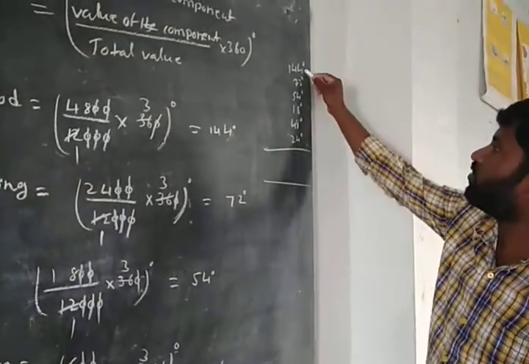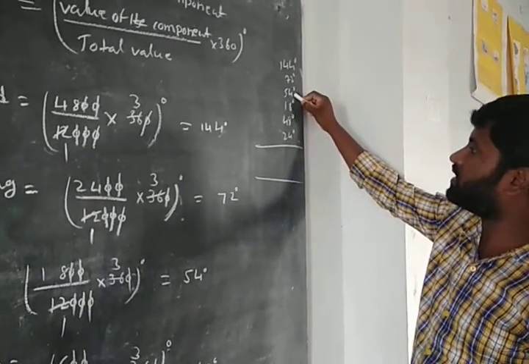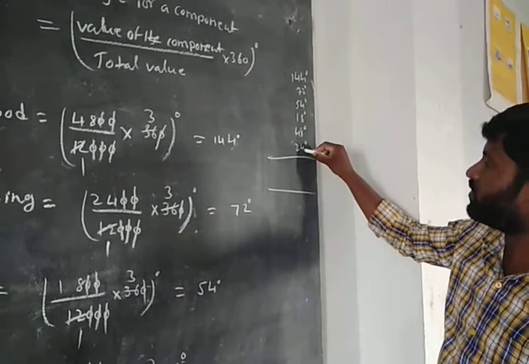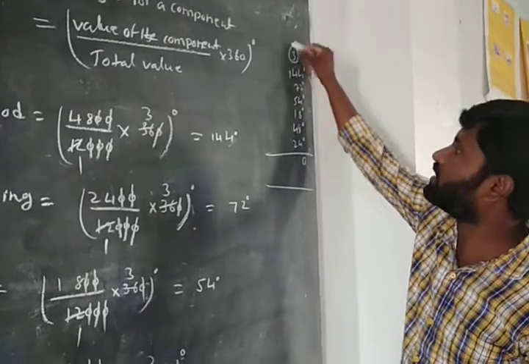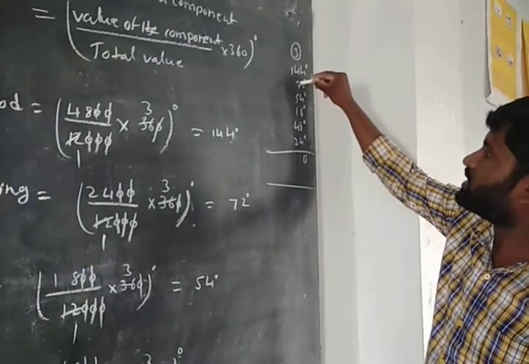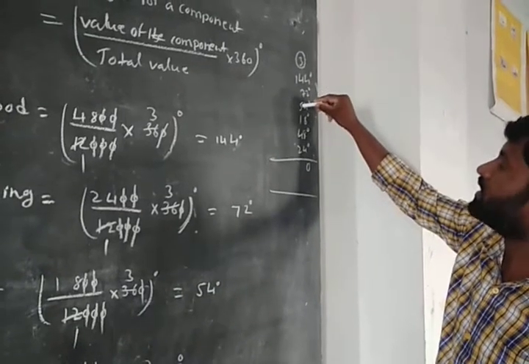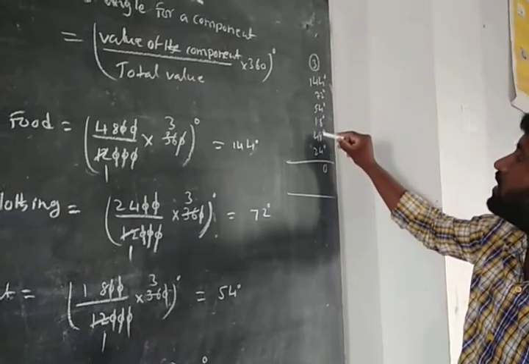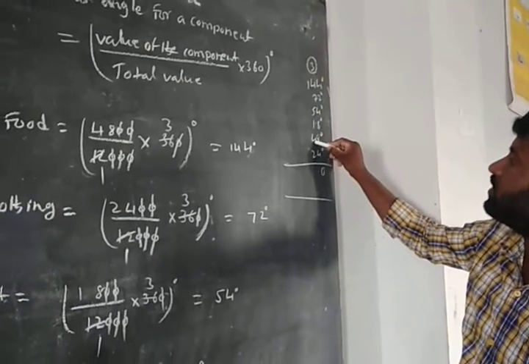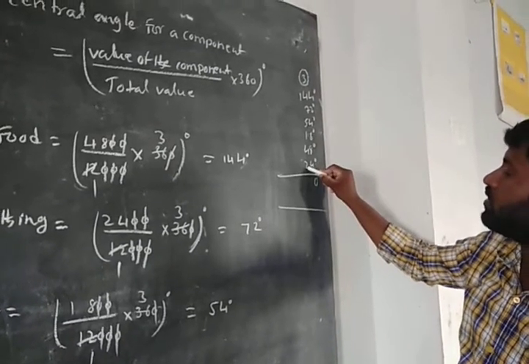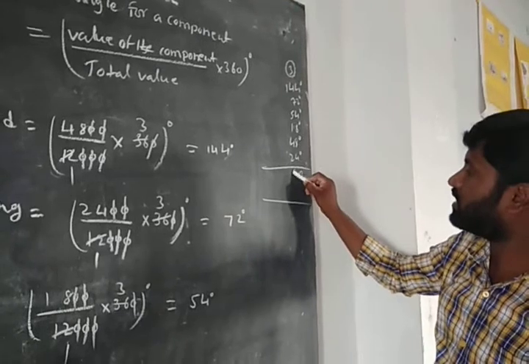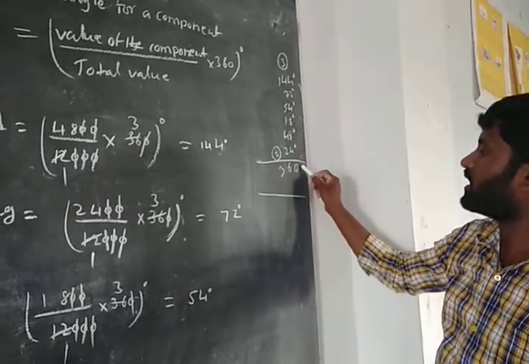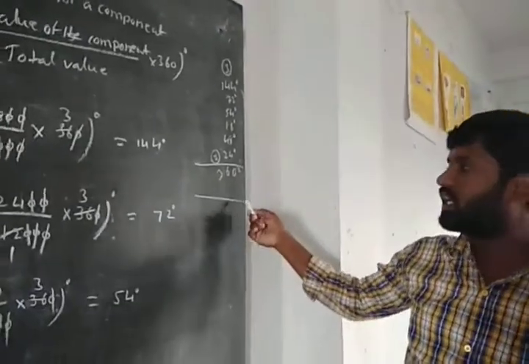What do we get? 4 plus 2 is 6, 6 plus 4 is 10, 10 plus 8 is 18, 18 plus 8 is 26, 26 plus 4 is 30. 0, carry 3. 3 plus 4 is 7, 7 plus 7 is 14, 14 plus 5 is 19, 19 plus 1 is 20, 20 plus 4 is 24, 24 plus 2 is 26. Here 6, and here 2. 1 plus 2 is 3. So what is the total we get? We get 360 degrees.